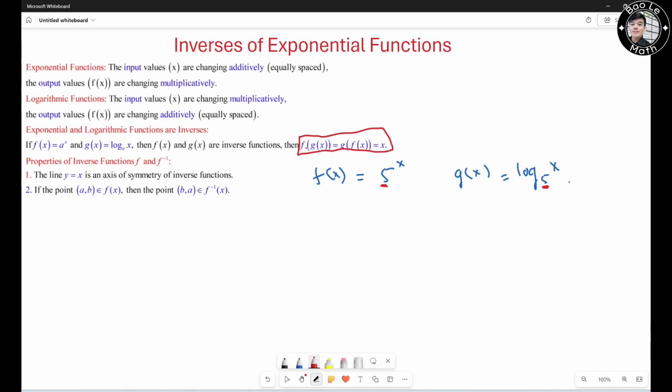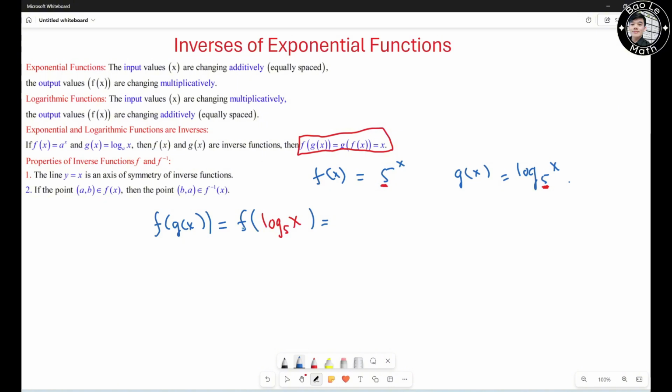Look at this one. I'm going to start from f of g of x. g of x equals log base 5 of x, so I just put this inside the parentheses: f of log base 5 of x.